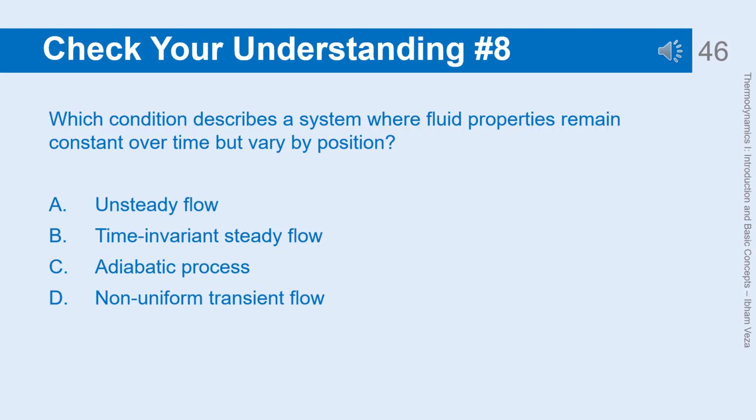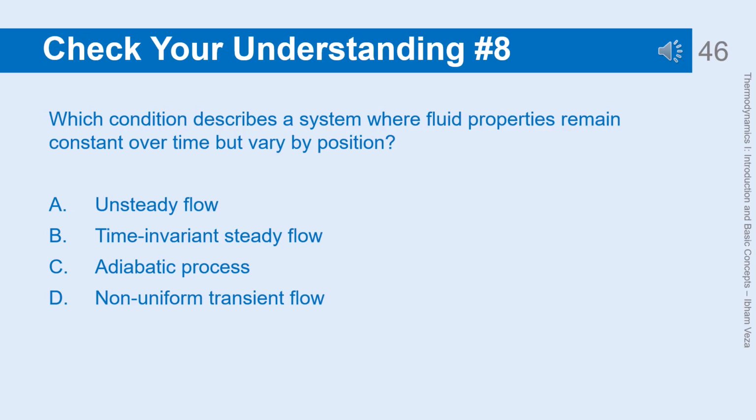Answer B. Time invariant steady flow. Explanation of why other answers are wrong. A. Unsteady flow. Incorrect because unsteady flow involves changes in fluid properties over time, which contradicts the constant over time condition. C. Adiabatic process.